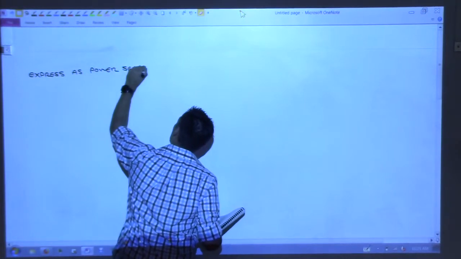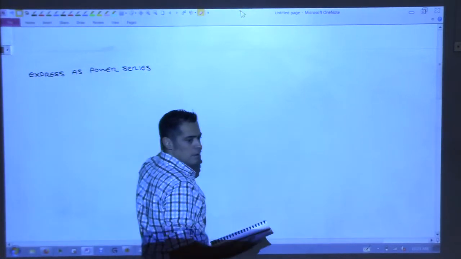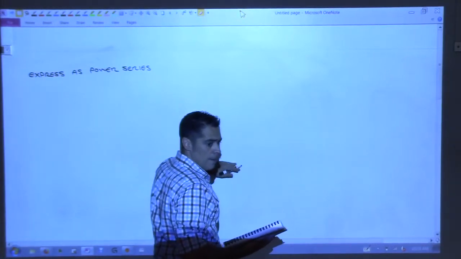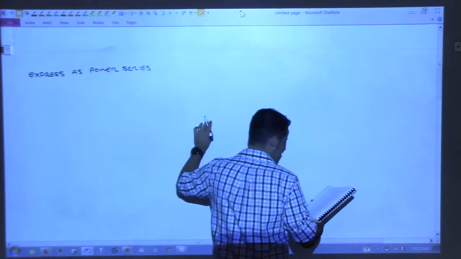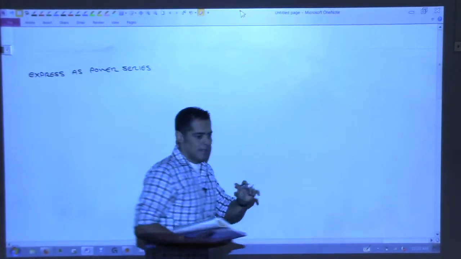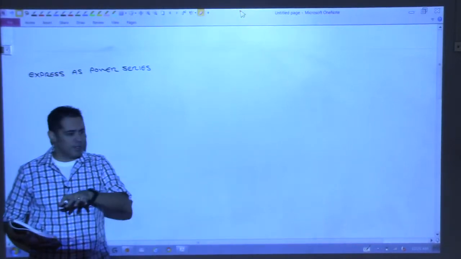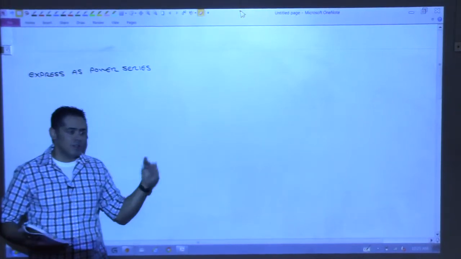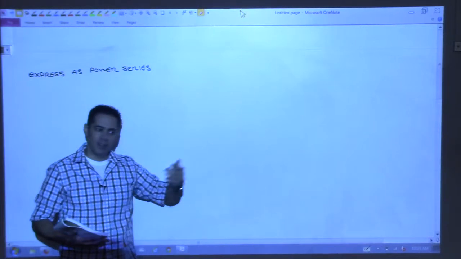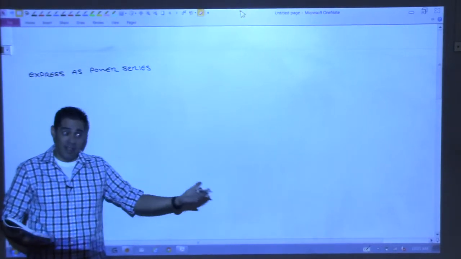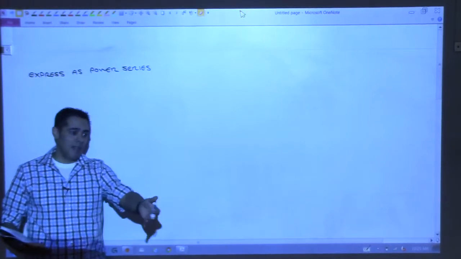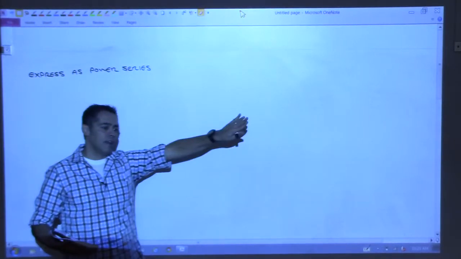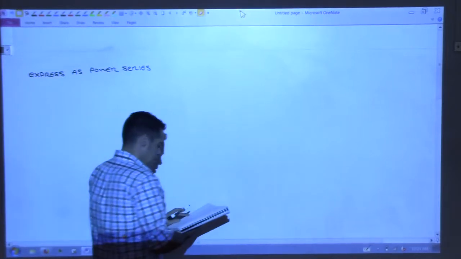Those are the only two techniques we need on power series, the power rule for integration and differentiation. When it comes to power series, differentiating is super easy and integrating is super easy. Why? Because they're all powers of x. So integration and differentiation are easy, which is what's going to make e to the negative x squared easy. If we can turn that into a power series, integrating it's no problem, right?